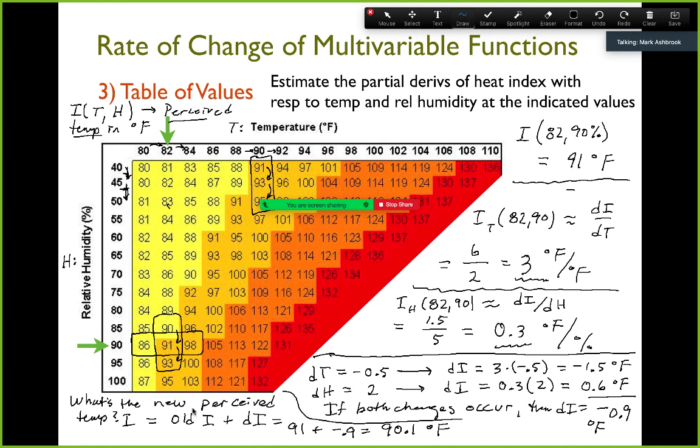So it used to be 91, and then it changed by this much. So now what do we perceive the temperature to be? 91. Do you see that? So it's the original, what it started at, plus how much it varied will give me the new value.